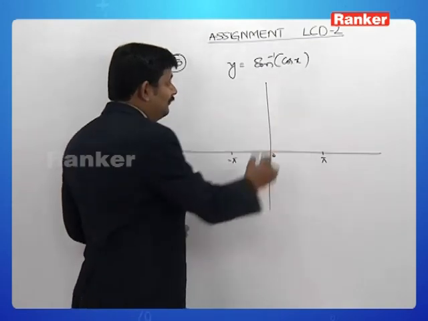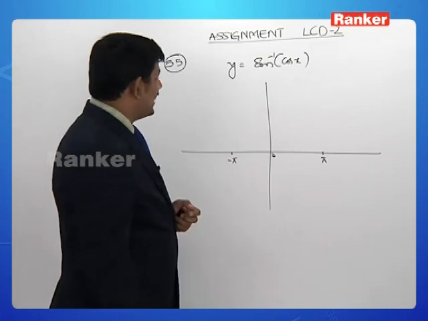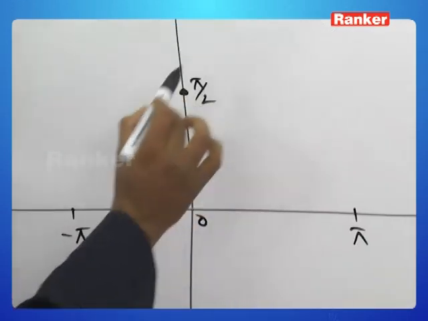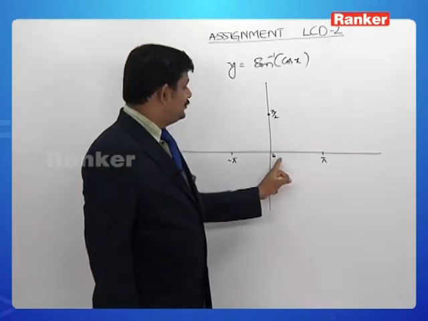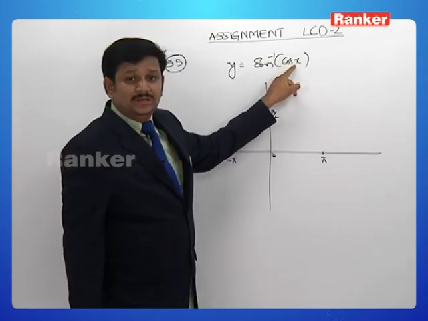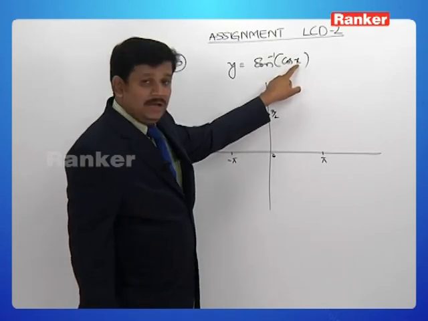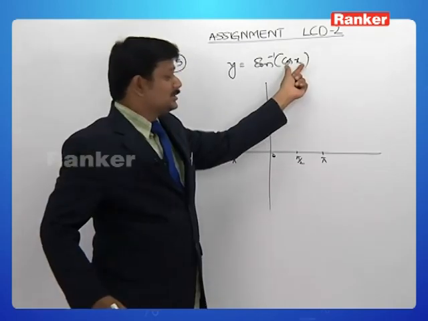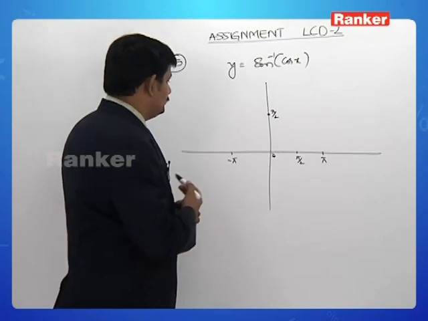Let us see, when x is 0, cos 0 is 1, sine inverse 1 is pi by 2. As we gradually increase the values of x, cos x values decrease to become 0 at pi by 2. When x is pi by 2, cos x is 0, and sine inverse of 0 is also 0.